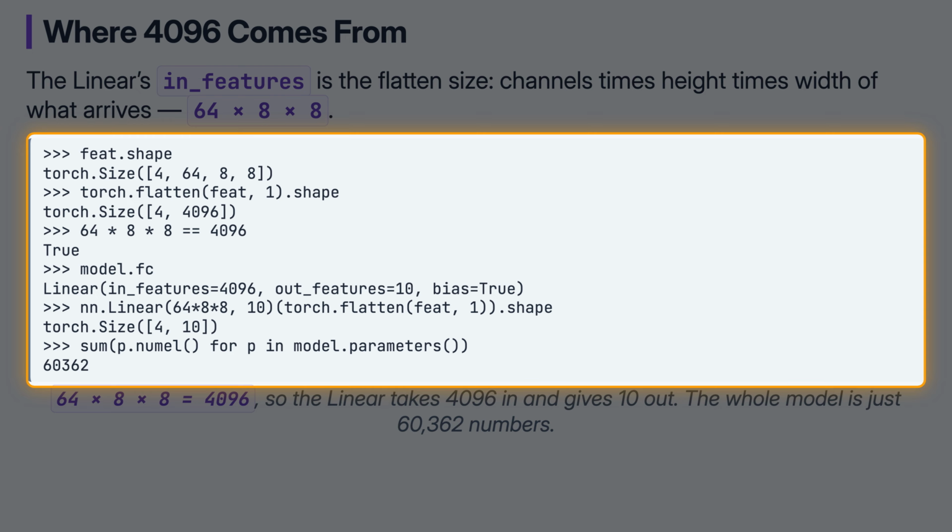Python says True. So the linear takes 4096 in and gives 10 out. You can see in_features is 4096 in its repr. Feed the flat row through and you get 4 by 10 as expected. And the whole model is just 60,362 parameters.